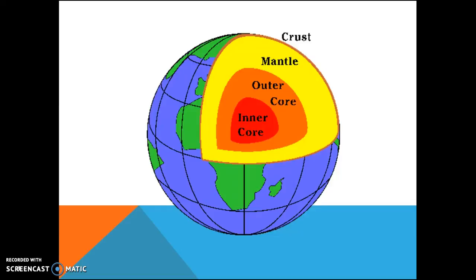All right, this is a picture of the crust, the mantle, the outer core, and the inner core. So just taking a look at how thin that layer is. That brown that you see around the rim here is kind of comparing how thin the crust is to the mantle and the core.